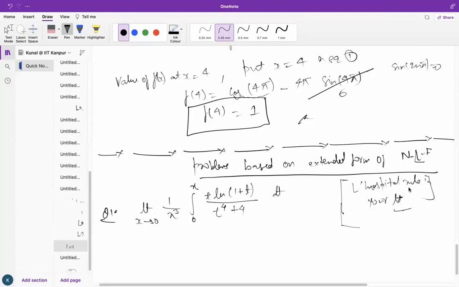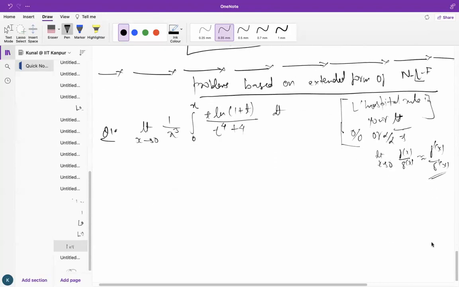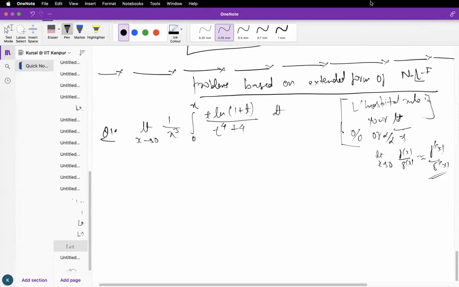If the limit is of the form 0 by 0 or infinite by infinite, say as x tends to 0 of f of x by g of x, then we take f dash of x and g dash of x, and then substitute the 0. This is the L'Hopital rule, and we are using it in an extended form of the Leibniz problem.